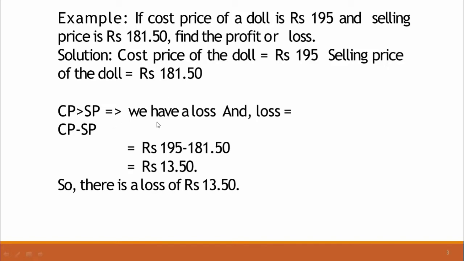So at this stage we have a loss, and the loss is defined by cost price minus selling price. The cost price is 195 and the selling price is 181.50. Subtracting 181.50 from 195, we obtain 13.50. So there is a loss of 13.50 rupees.